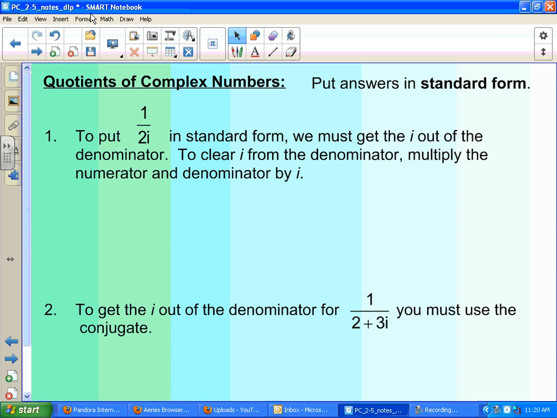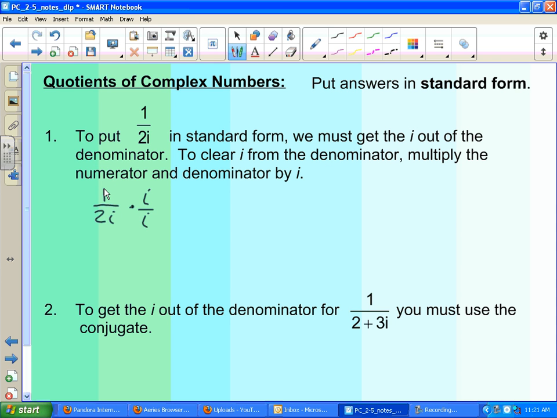Remember, the goal is to get i's to become i squared, so that it becomes negative 1. So I really don't need to think of an opposite in that case, because it's not paired with a real part. So for this 1 over 2i, I could get away with just multiplying by an i. I don't need a negative i, because 2i is not a complex number with a constant real part.